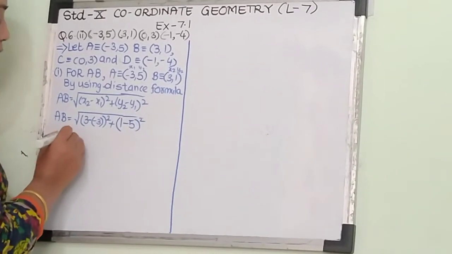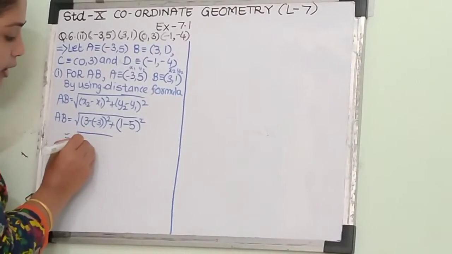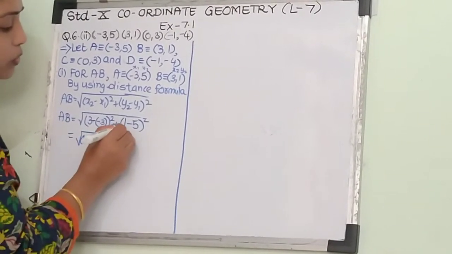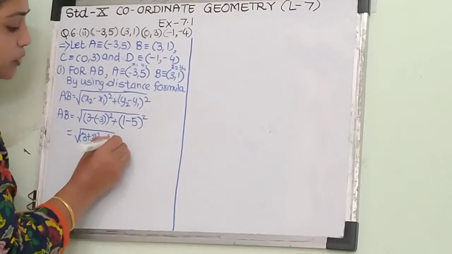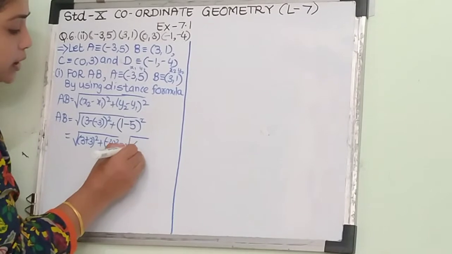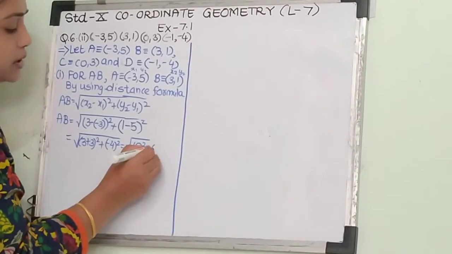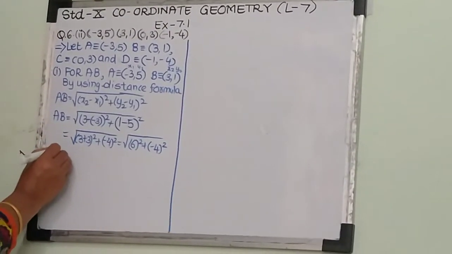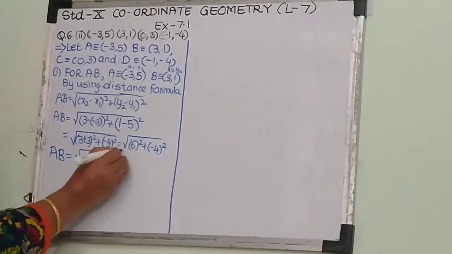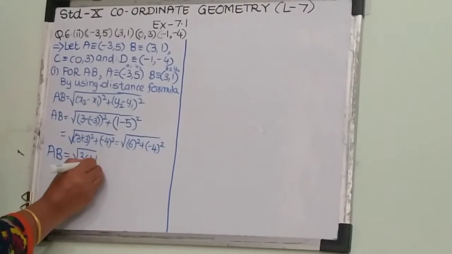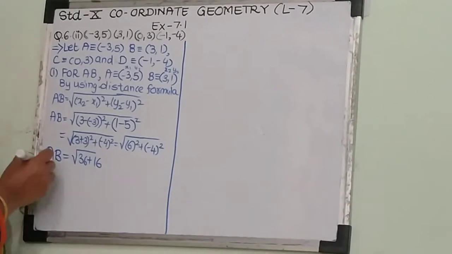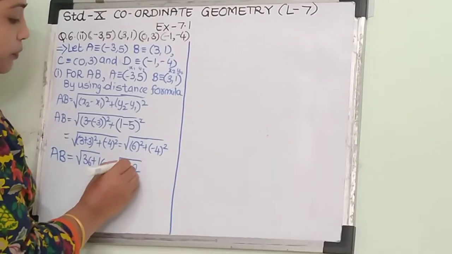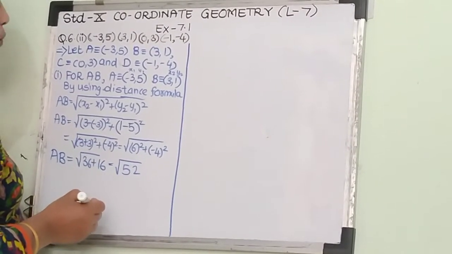So if you observe here, 3 minus minus becomes plus. So (3 plus 3) bracket square plus (1 minus 5), that is (-4) square. So here we get 3 plus 3, that is 6 square, plus (-4) square. So here we get AB equals to root of 6 square, which is 36, plus 4 square, that is 16. So 36 plus 16, here we get 52.